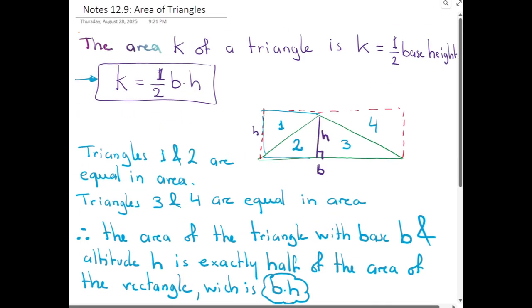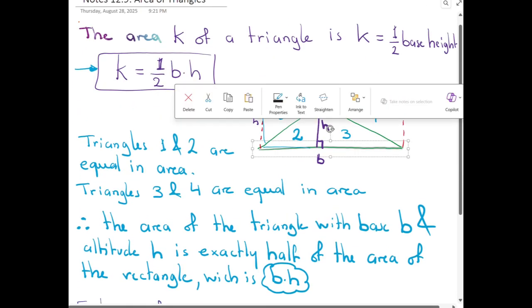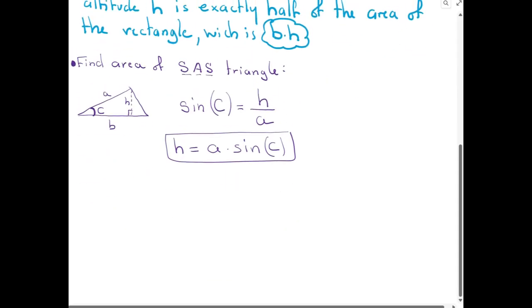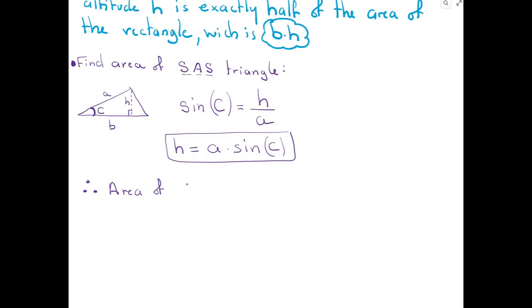So up here we just said 1/2 base times h, and now we're going to say therefore the area of a triangle is, so we said K is equal to 1/2 base times height.